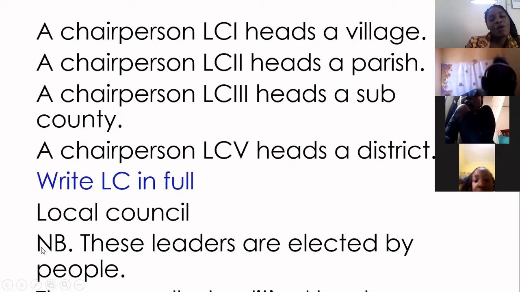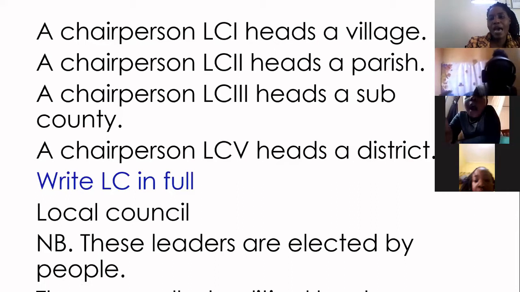So we have our NB there, and we are saying that these people we have seen above, the LC1 chairperson, the LC2 chairperson, the LC3 chairperson, are all elected by people.